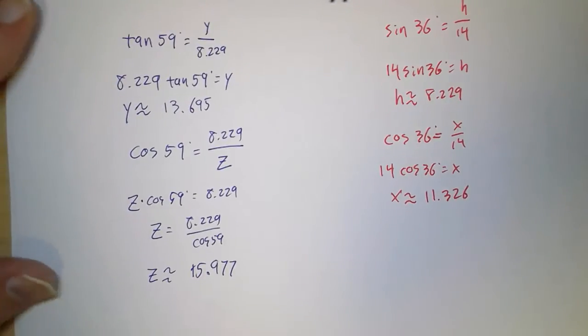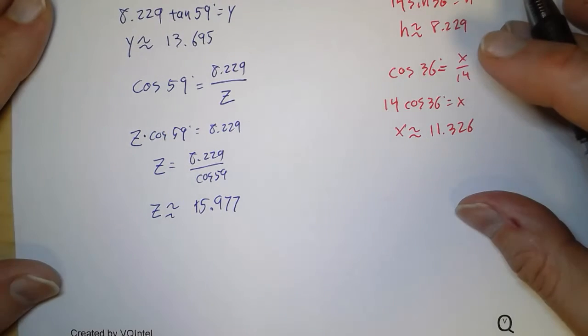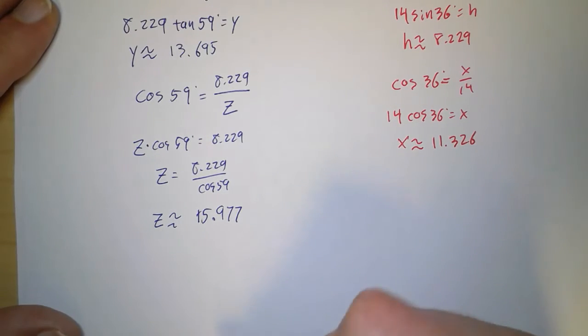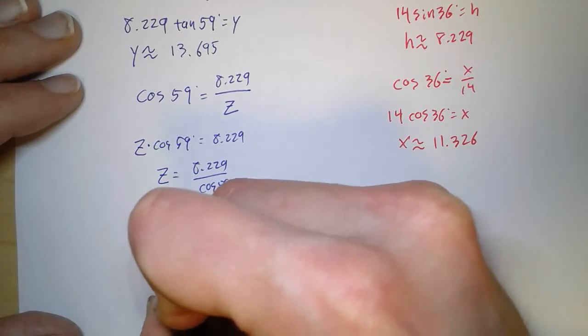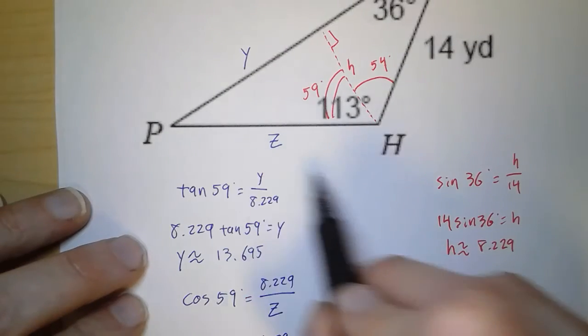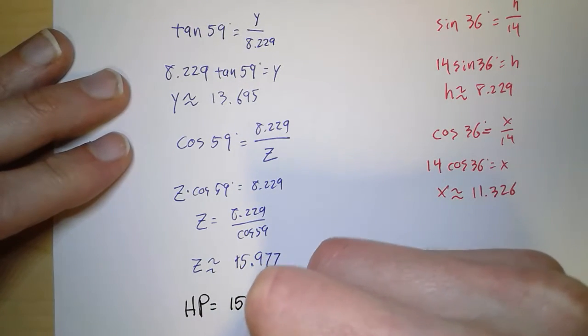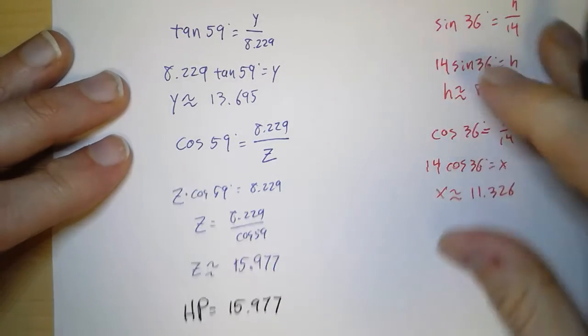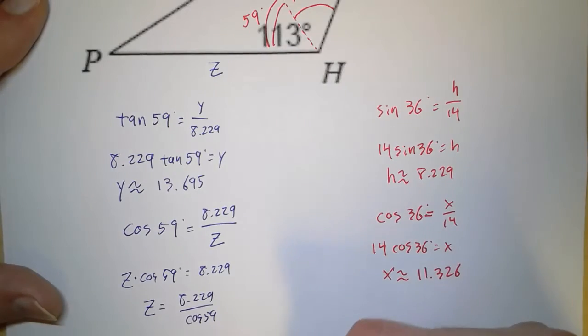So now we found all the pieces to solve this triangle. So we have two sides that we don't know and an angle that we don't know. So HP is this bottom side, and that's just equal to z. That's 15.977. KP, that's going to be x and y added together.